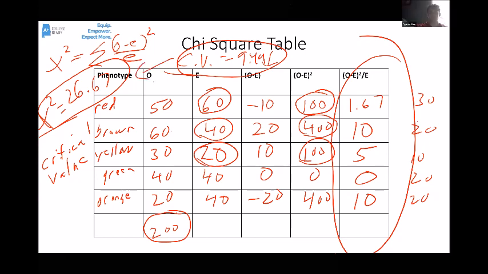If your chi-square value is greater than your critical value, we're going to reject the null hypothesis. If chi-square is greater than the critical value, you're going to reject your null hypothesis.